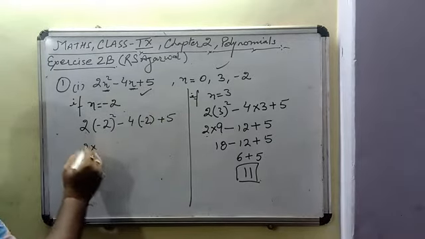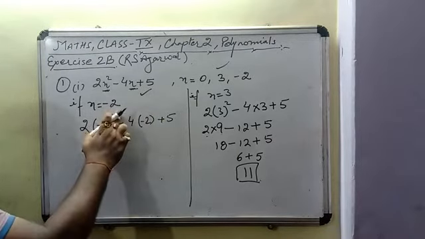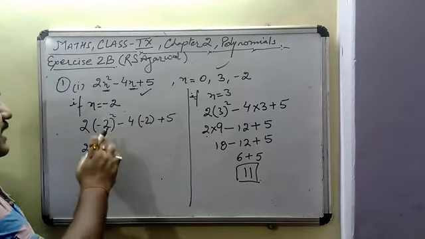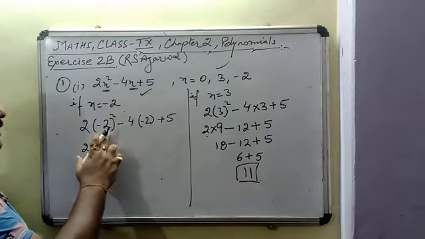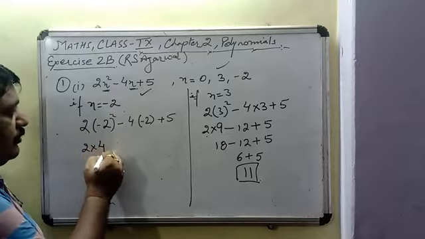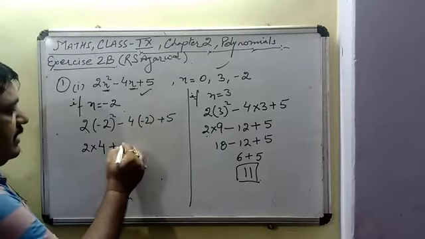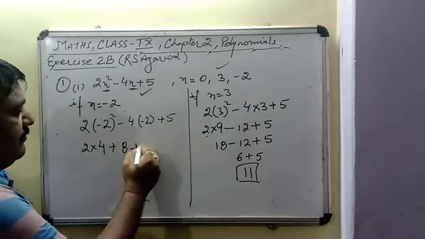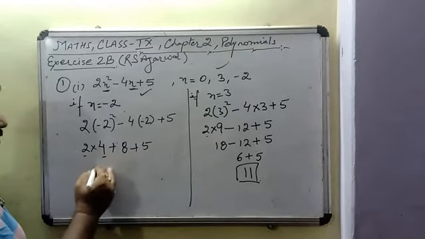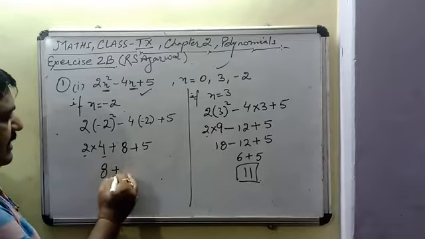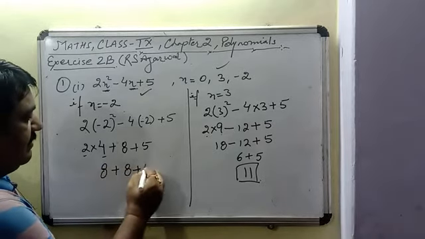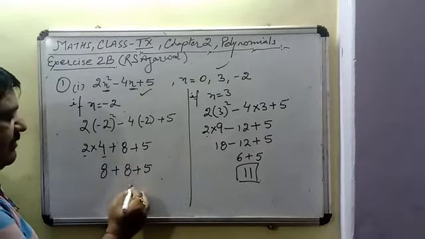When we square minus 2, we will get a positive number, 2 2s are 4, so 2 into 4, and minus into minus is plus, 4 2s are 8, and plus 5. This is 2 4s are 8, plus again 8, plus 5: 8 8s are 16, plus 5 is 21.